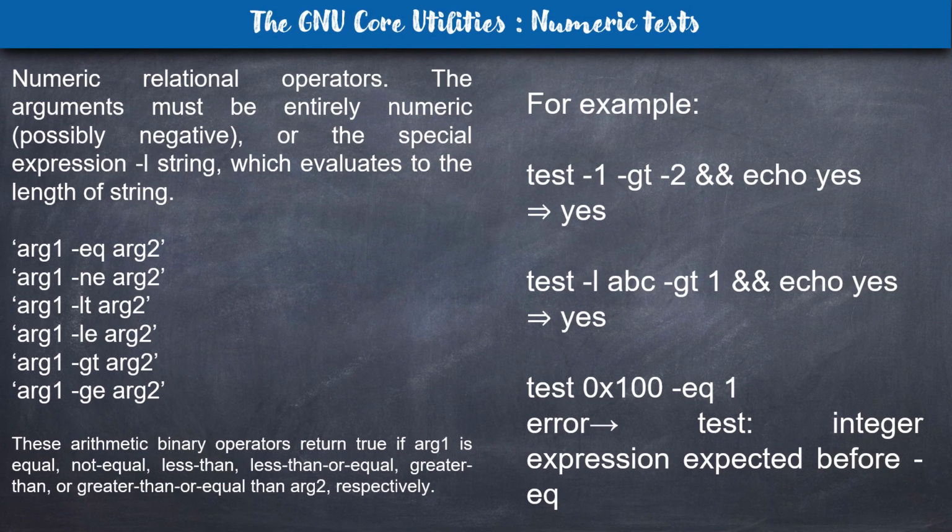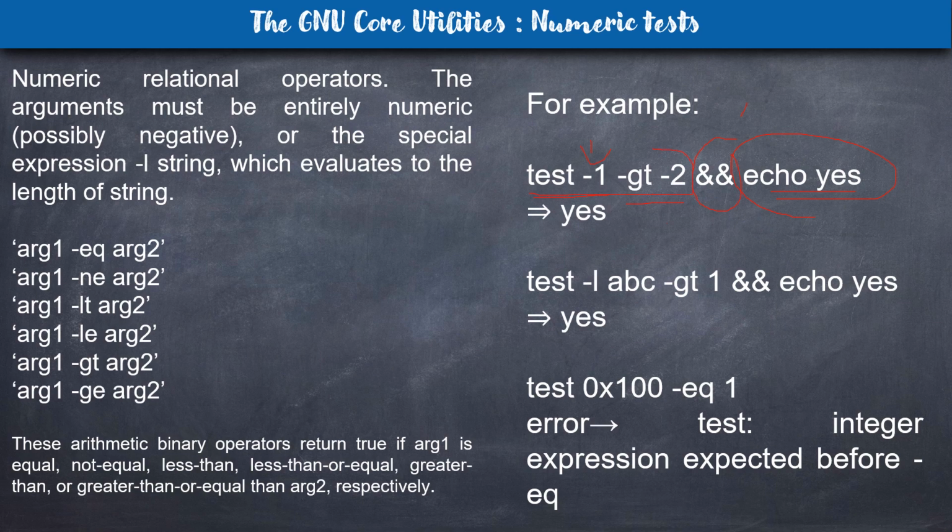These are some more examples, like greater than. Here I am putting test 1 greater than, and then echo yes, which runs if it is true. So instead of returning 0 or 1 on testing the condition, you can do this with the and symbol.